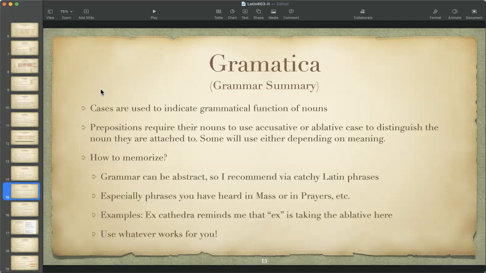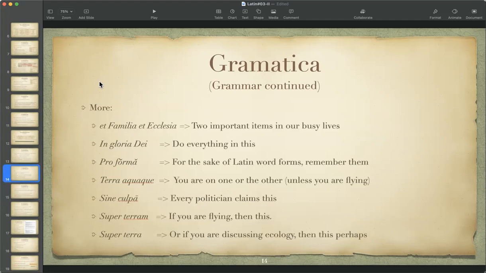Okay. Michael? Yes. That last set of examples, having the superterum and the superterra, is a great way to show how the word super can either be accusative or ablative. And you show in gloria Dei. I suppose you could have said something like in ecclesiam to show the difference. Oh, that's true. Out ecclesiam and in ecclesiam. Yeah, I'll remember that.